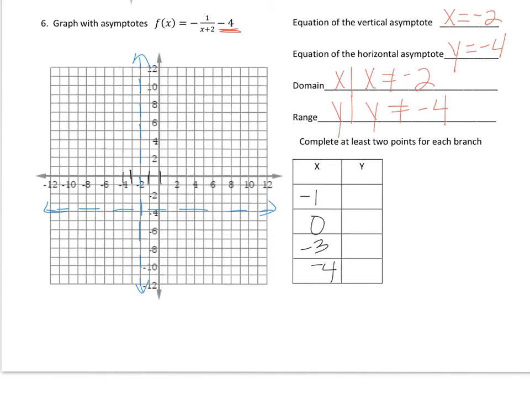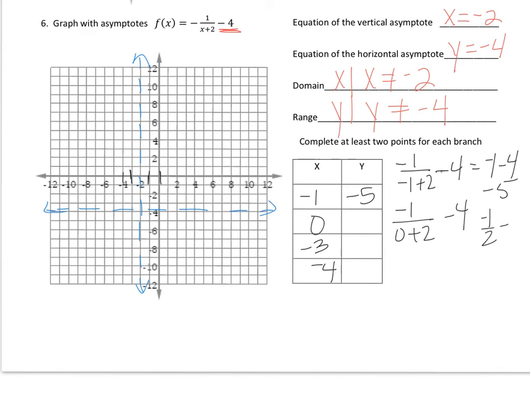So when I plug those in, I have negative 1 over negative 1 plus 2 minus 4. That's, let's see, negative 1 over positive 1, negative 1 minus 4, which is negative 5. And negative 1 over 0 plus 2 minus 4. It's negative 1/2 minus 4. Negative 4.5.